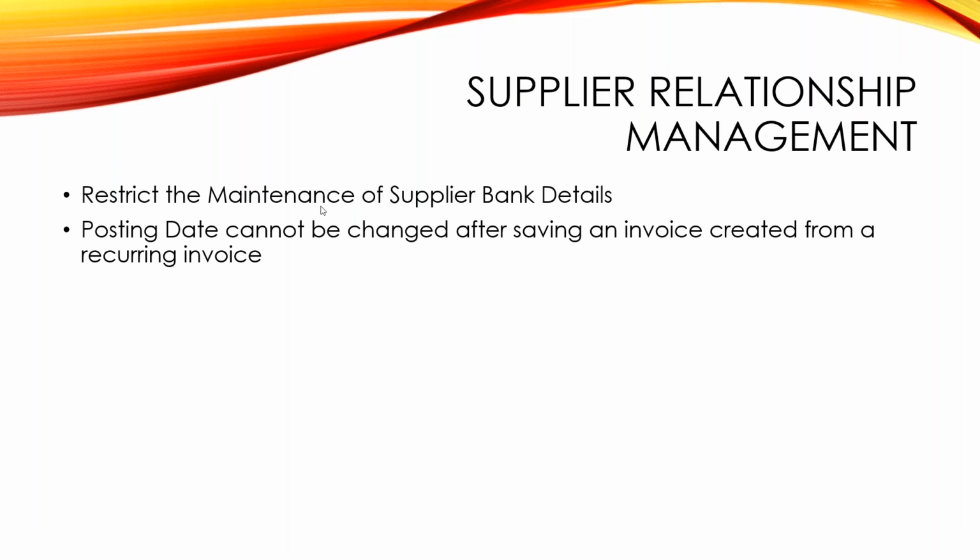But one of the other features that they added in this release was to restrict the maintenance of the supplier bank details. And I'll show you that as well. And then the posting, so if you have a recurring invoice too, they now restricted the ability to change the posting date after saving an invoice that was created from a recurring invoice.